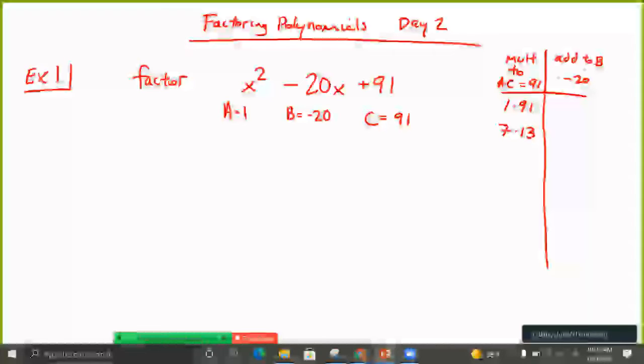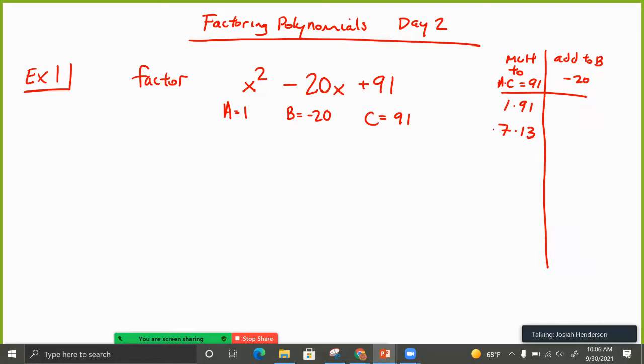Now remember, this time we're adding them to a negative number. So 7 plus 13 does give us 20, right? So that seems like we're on the right track, but 7 plus 13 doesn't equal negative 20. So we have to do a little detective work here and think, how can I make 7 and 13, when I add them together, equal a negative 20?